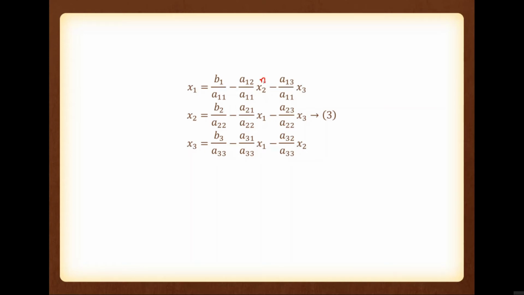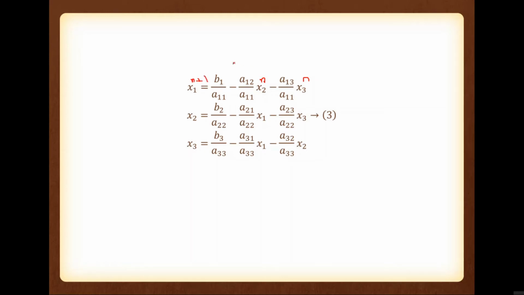So we have x2n and x3n, which are the current values of x2 and x3. If the current iteration is the n plus 1th iteration, then x2n and x3n are the initial values of that iteration, which will give the new value of x1. So this is x1 n plus 1.